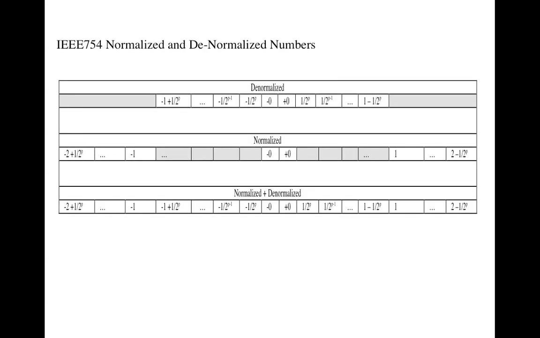And so you can think of, in this representation format, the IEEE 754 format, the numbers basically having denormalized values and normalized values, and when you fuse them together, you get what we call normalized plus denormalized numbers, as you can see here. And so the denormalized numbers give us the small ones, and then the normalized ones with hidden bit give us everything else from that very end on each side to the rest of the range on each side.